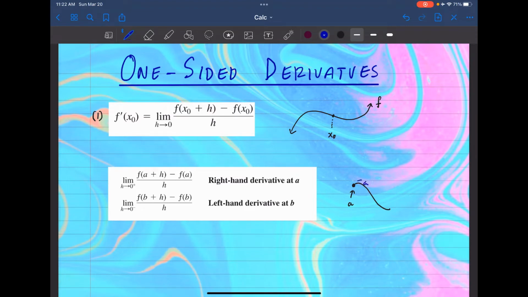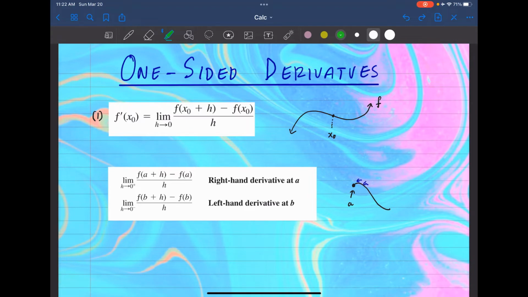So let's rewrite it this way: the limit as h approaches 0 from the right of f of a plus h minus f of a all over h. That's what we call a right-hand derivative at the point A. Since there's no graph on the left side, we can only approach from the right side.